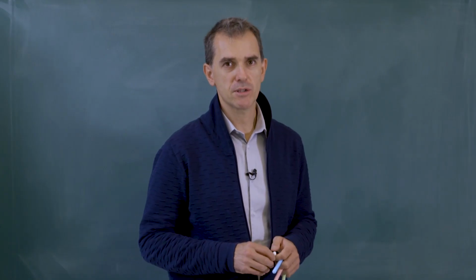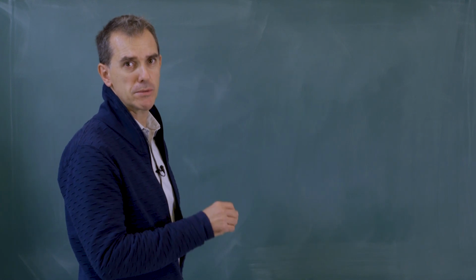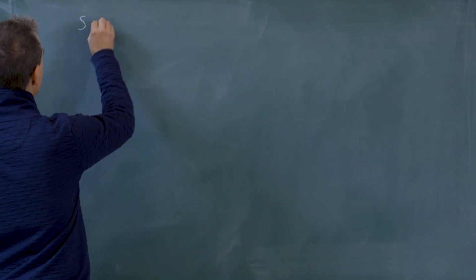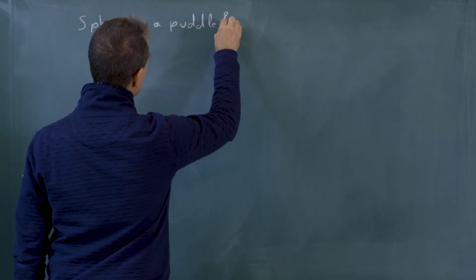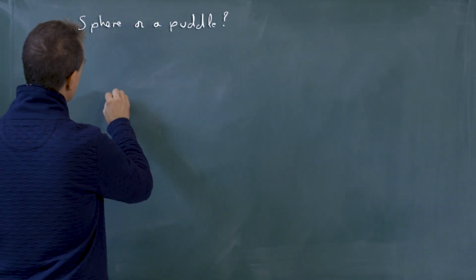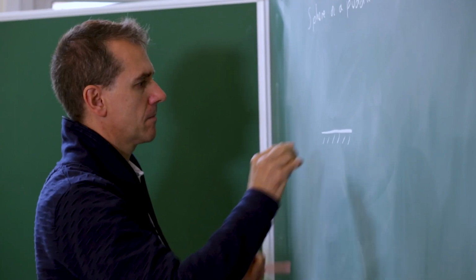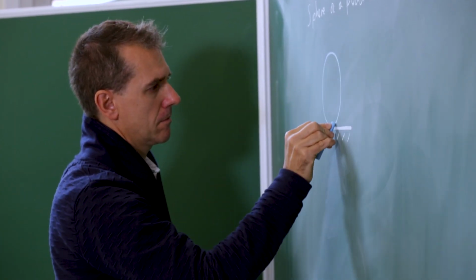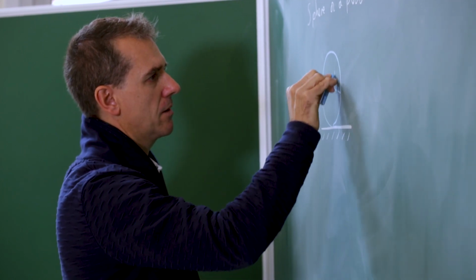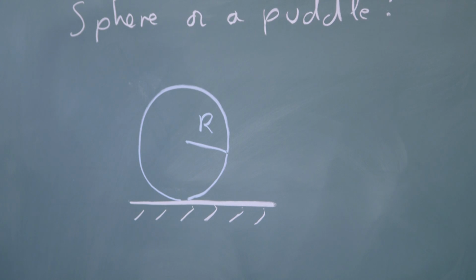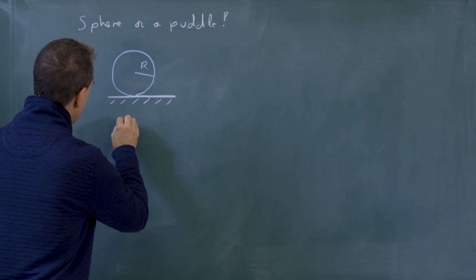The question I want to discuss with you is the shape of a drop when we deposit it on a surface. So the question is, do we see a sphere or a puddle? To address this question, we start from the following situation, where we have the drop on the surface, and we are going to evaluate the two types of energy that it encounters.